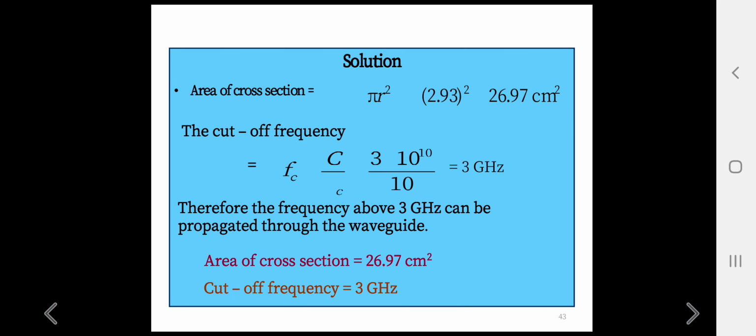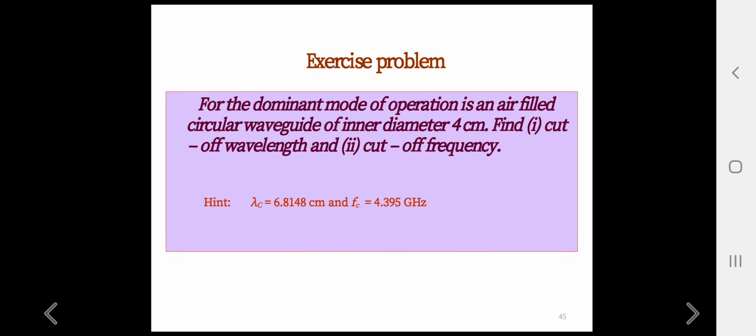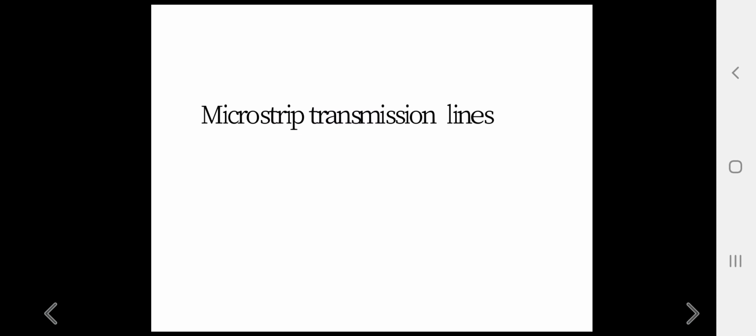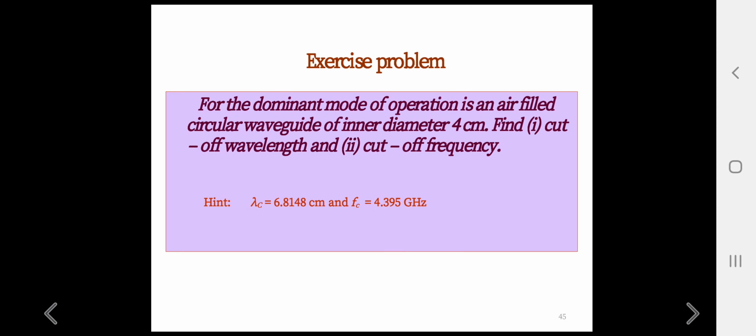So this is today's agenda. Till now, you can practice the exercise problems. You can find the cutoff wavelength and cutoff frequency when lambda c is equal to 6.8148 and fc is equal to 4.395 gigahertz.